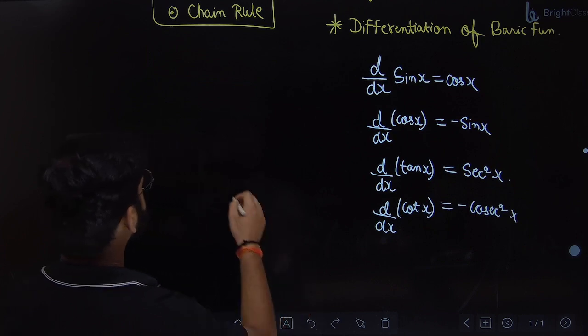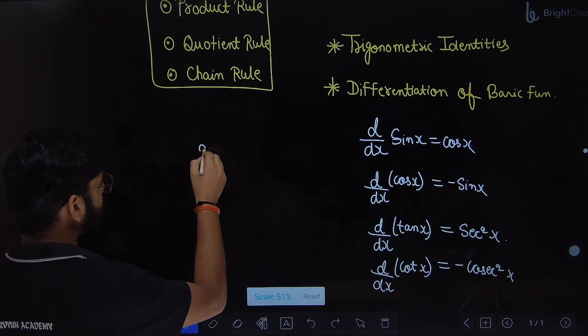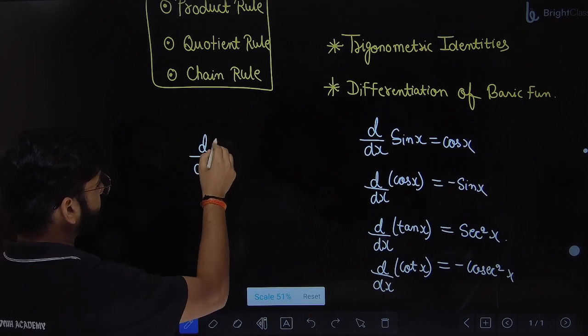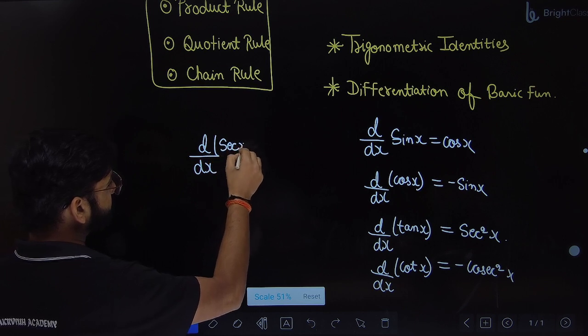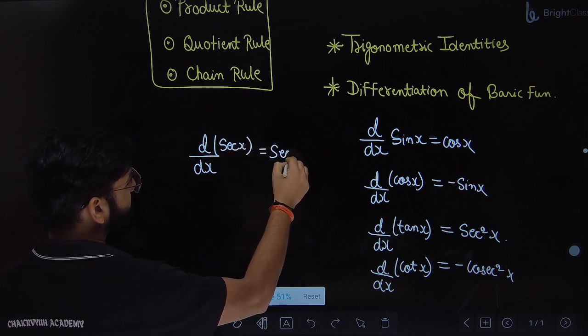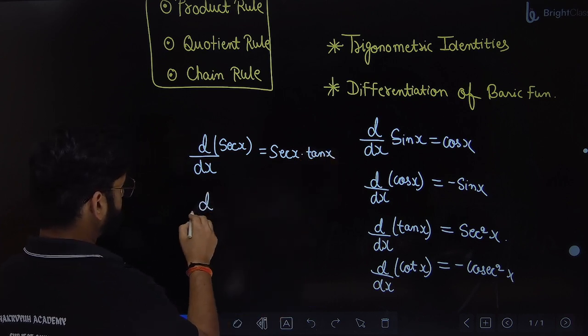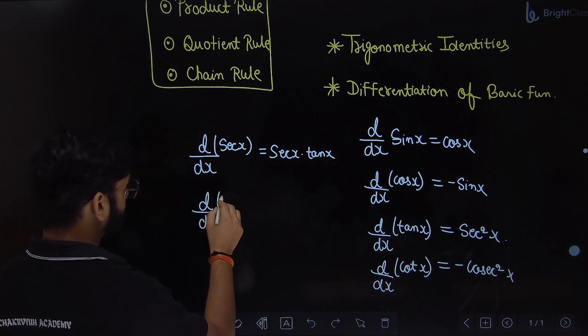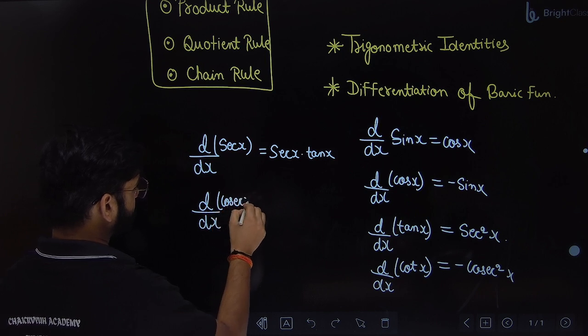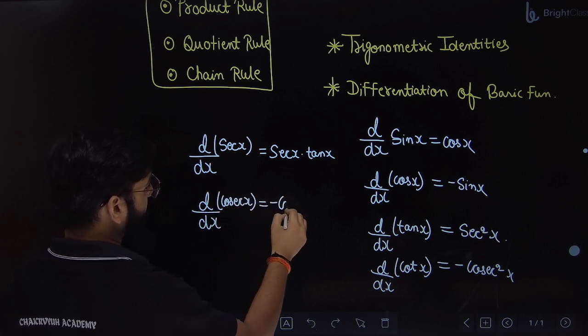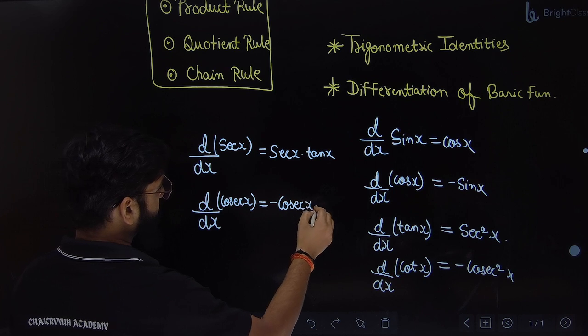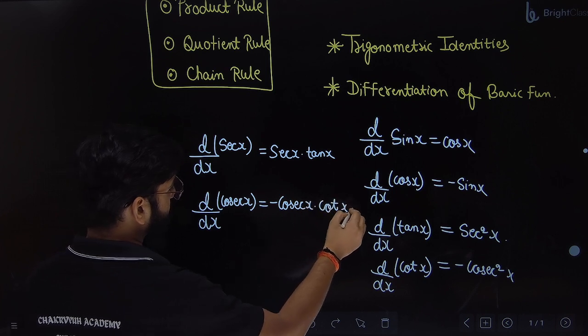Cot x is done, then secant x. Differentiation of secant x, what is the answer? Sec x tan x. Differentiation of cosecant x? Yes, minus cosec x cot x.